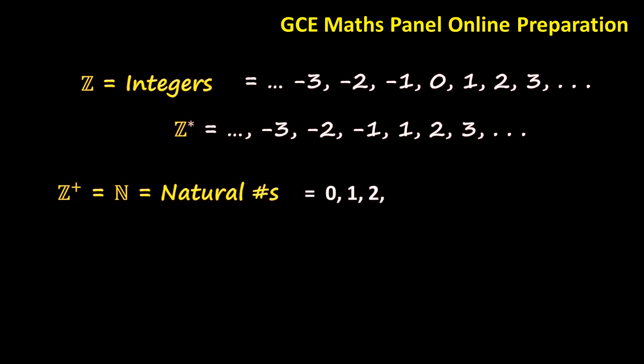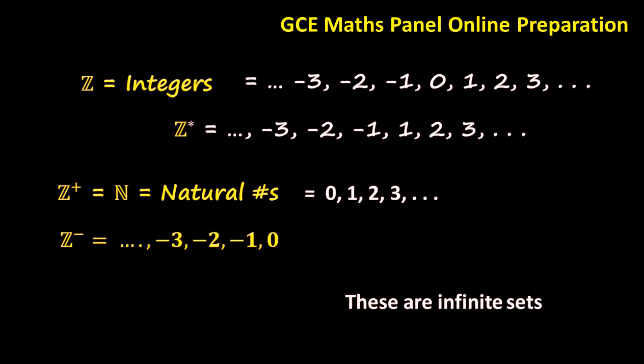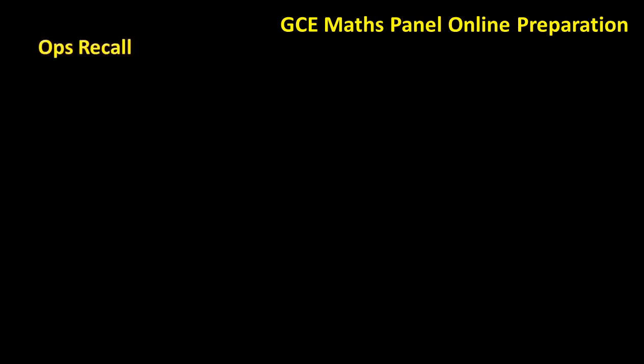You equally have negative integers, which are negative numbers from negative infinity right down to 0. Here you have to take note that the number 0 is a neutral number. It is neither a positive number nor a negative number, and all the sets which we have mentioned so far are infinite sets.